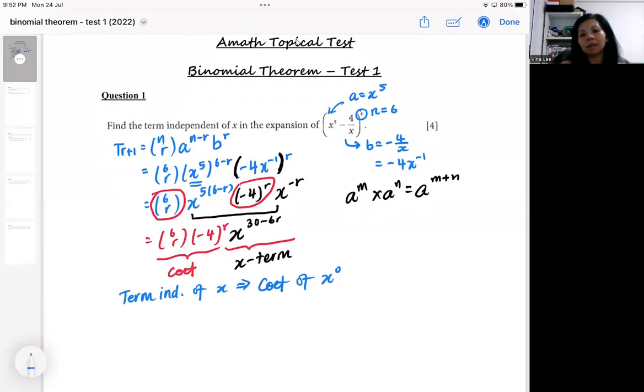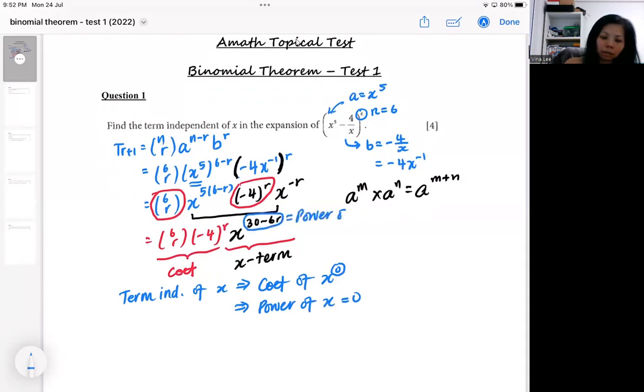So essentially, it doesn't have x. So in this case, the power of x is 0. And if you look at your general formula, this is the power of x. So we set the power of x to 0. We can find the corresponding r.